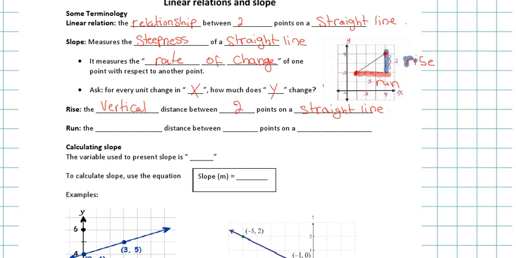Your rise is how much you are going up from that point to that point. So in this case, your rise is 2. Okay? Because from this point to this point, you're going up 2. And you're going over how much? 1, 2, 3. So your run is 3, your rise is 2. Okay? So the run is the horizontal distance between 2 points on a straight line.